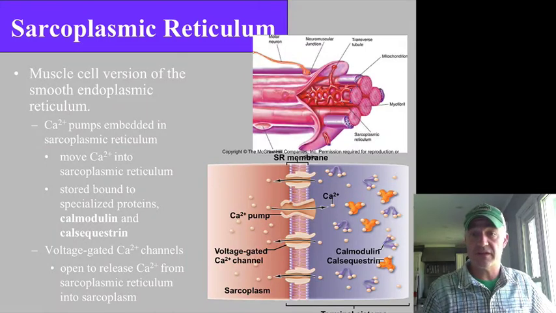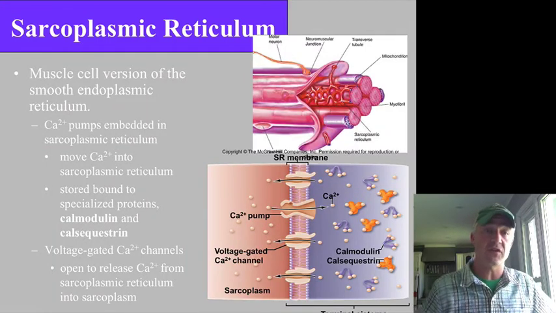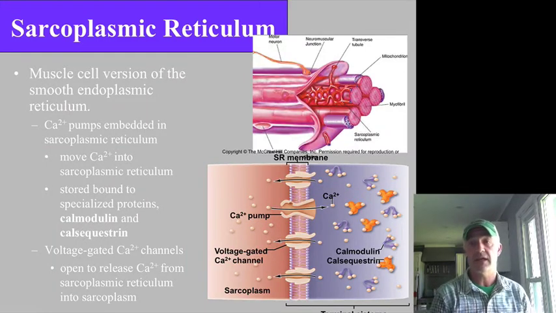So the sarcoplasmic reticulum is, like I said, the muscle's version of the smooth endoplasmic reticulum. It has a bunch of protein pumps present in the wall, and these pumps move calcium ions into the sarcoplasmic reticulum.